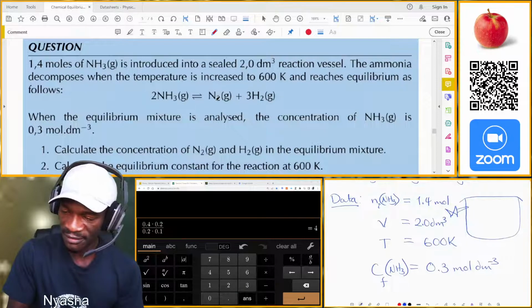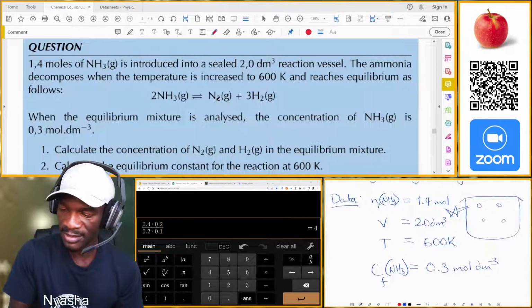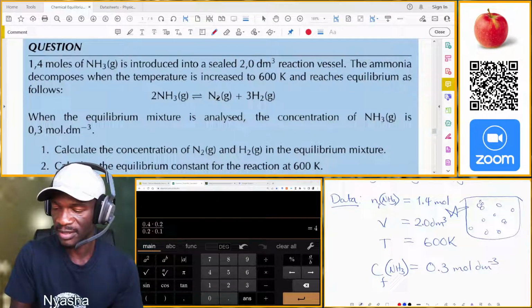So let's just say these are our gas particles. It's NH3 that will decompose, so some of them are still NH3.